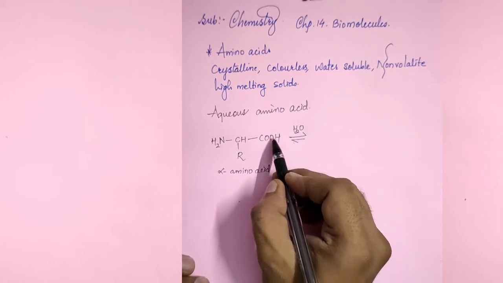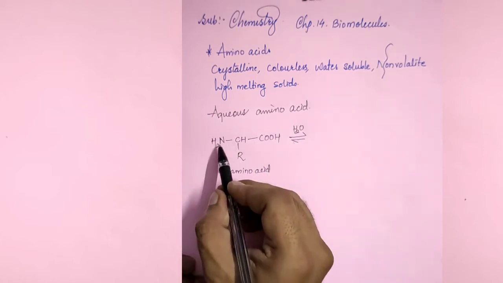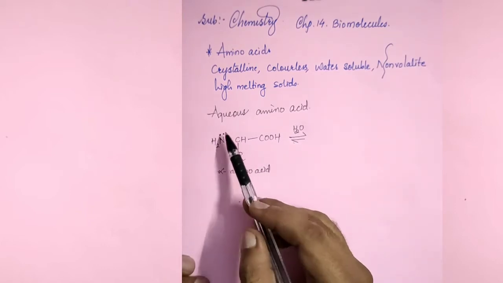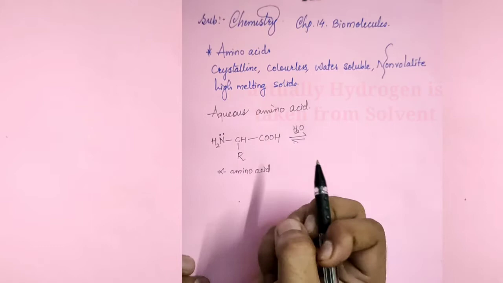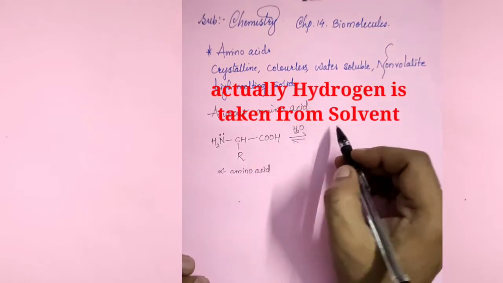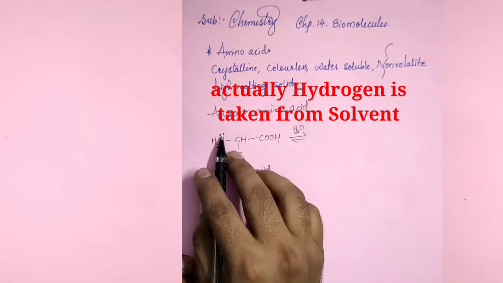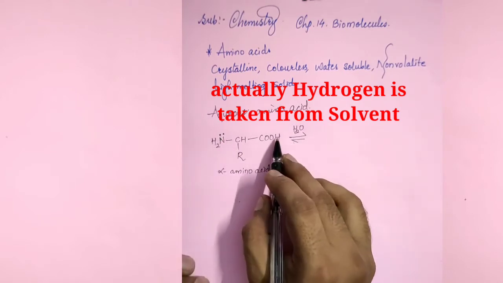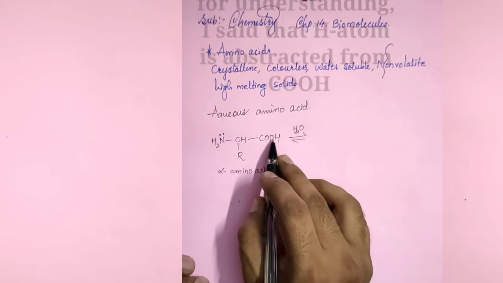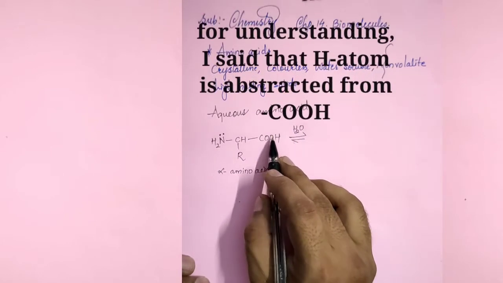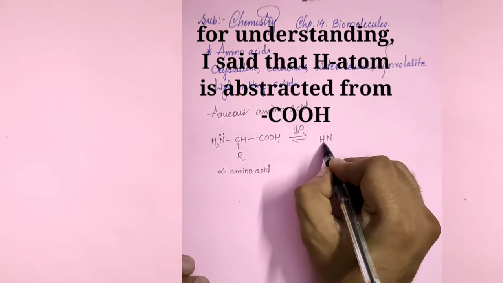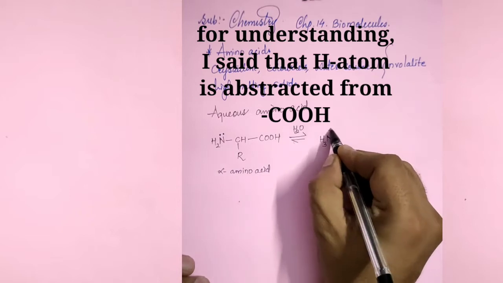It forms H plus and O minus, and the nitrogen containing the lone pair of electron abstracts the hydrogen atom from the acid, forms a positive charge on the nitrogen atom, and as hydrogen atom is detached from the acidic functional group, it forms minus on the oxygen atom. So it becomes dipolar in nature.